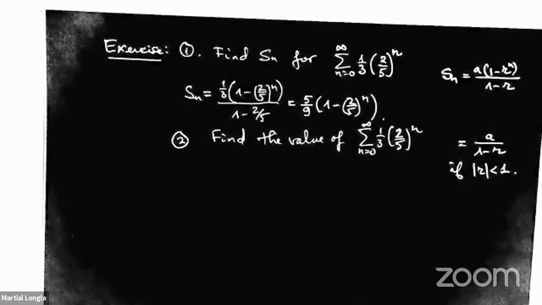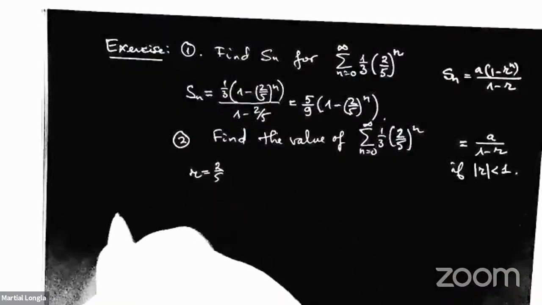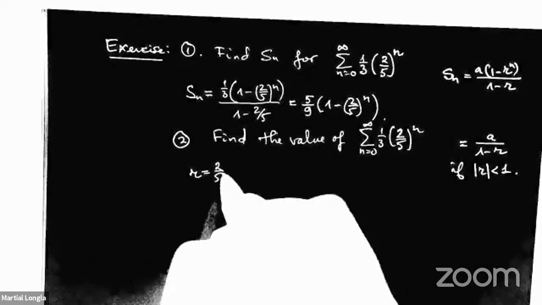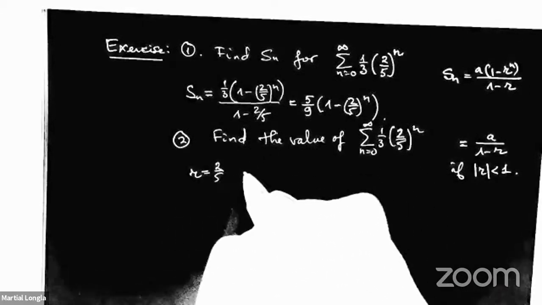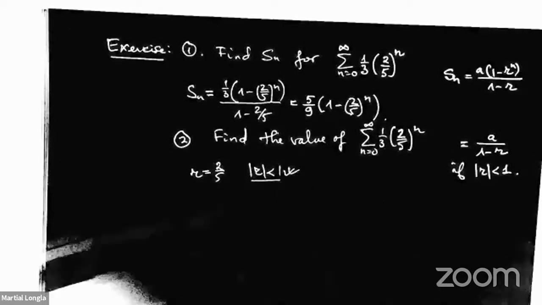So to answer this question, you start by figuring out what r is in this question. Yeah, r is 2/5. So r is 2/5, which is positive and less than 1. So the absolute value of r is less than 1. So we have it.